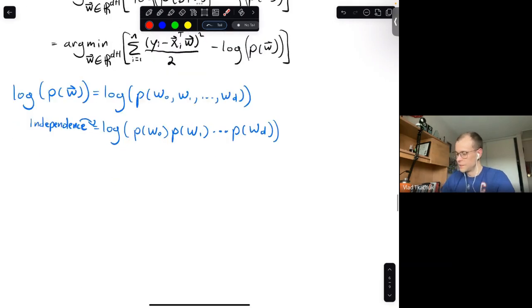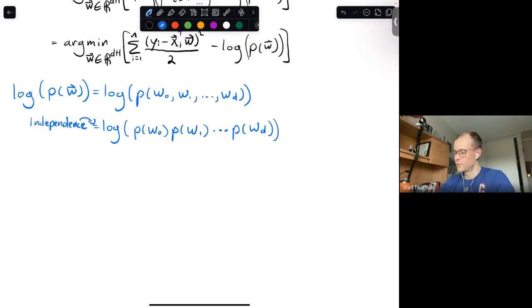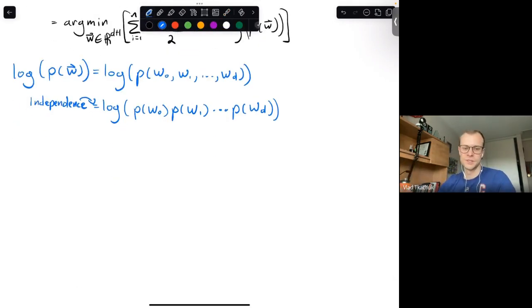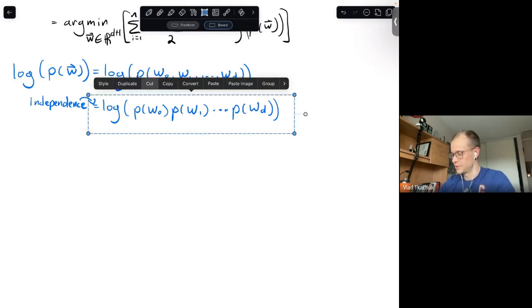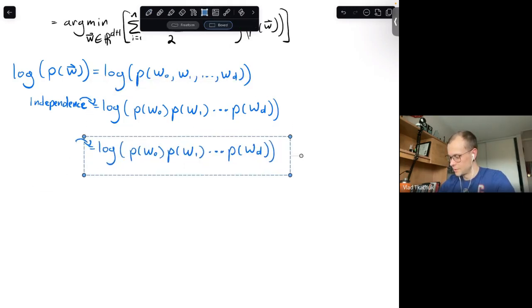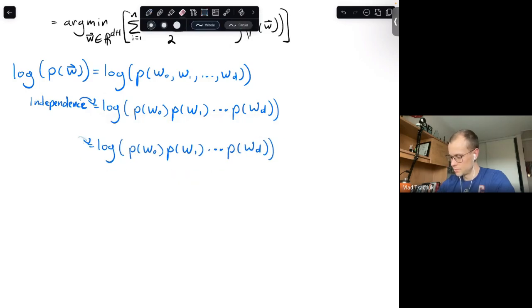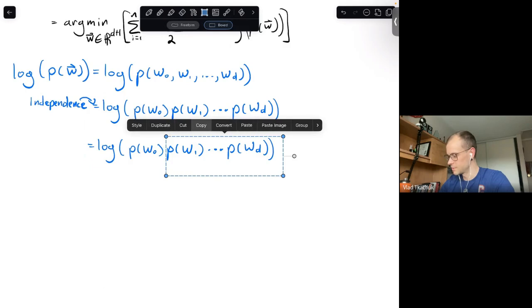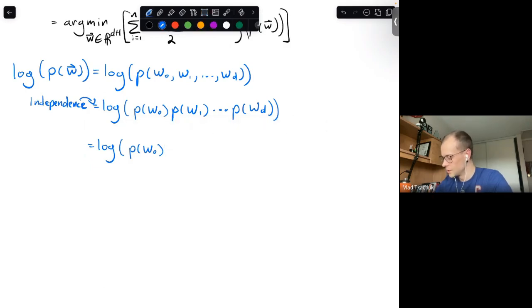Great. Once we get to this step, then we do the standard business of solving these things with the logs and whatnot. So remove this thing. I'm going to use this product notation to simplify this. As we saw, this P term just means the product from j equals 1 to d of P of Wj, just to clean up the notation a little bit.